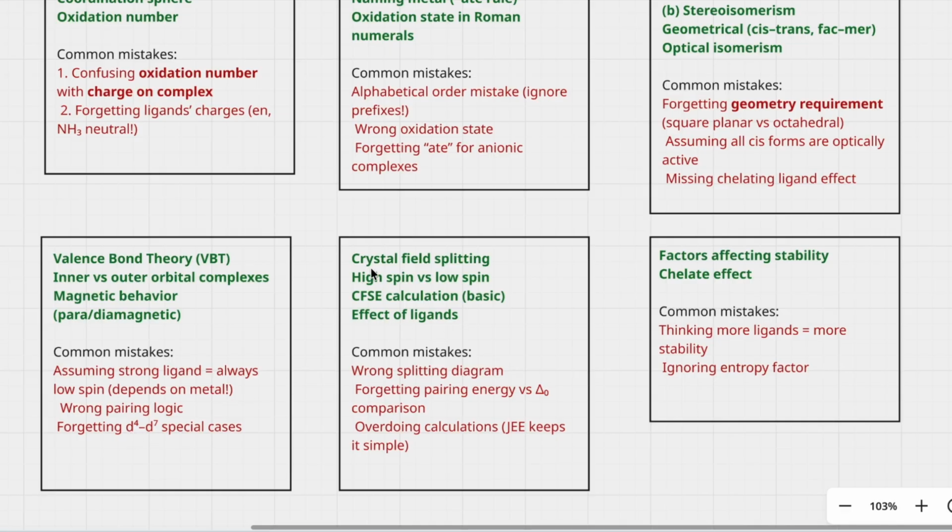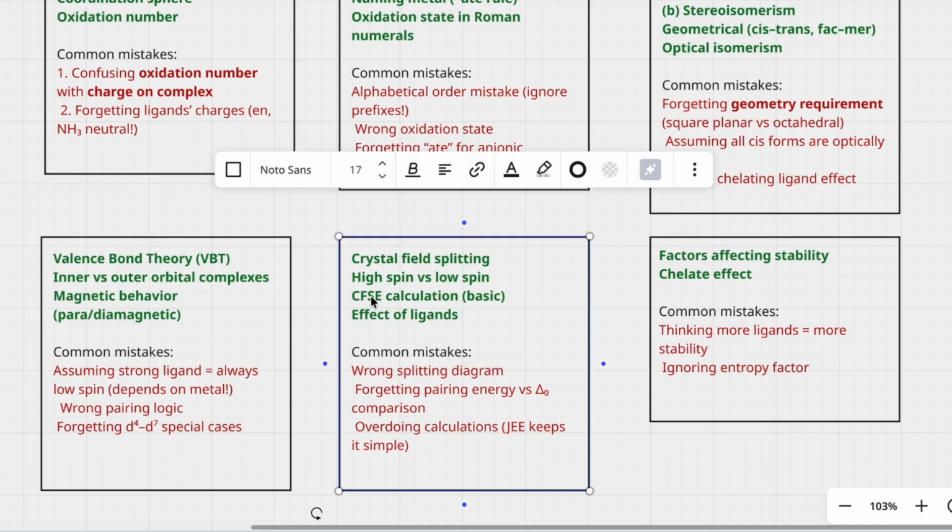Then coming to crystal field splitting. This is again an important topic. You should know high spin versus low spin, and this is a numerical part that often comes in exams, like CFSE calculation. What you should do for this one is properly make the energy diagram, the energy split diagram.